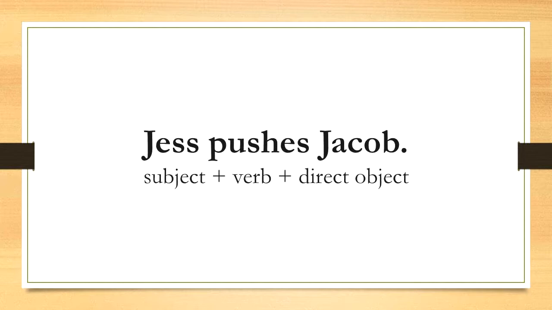It's what that position means. Similarly, we know that Jacob is the one being pushed and not the one doing the pushing because his name comes after the verb. In English, the position after the verb is reserved for the direct object.